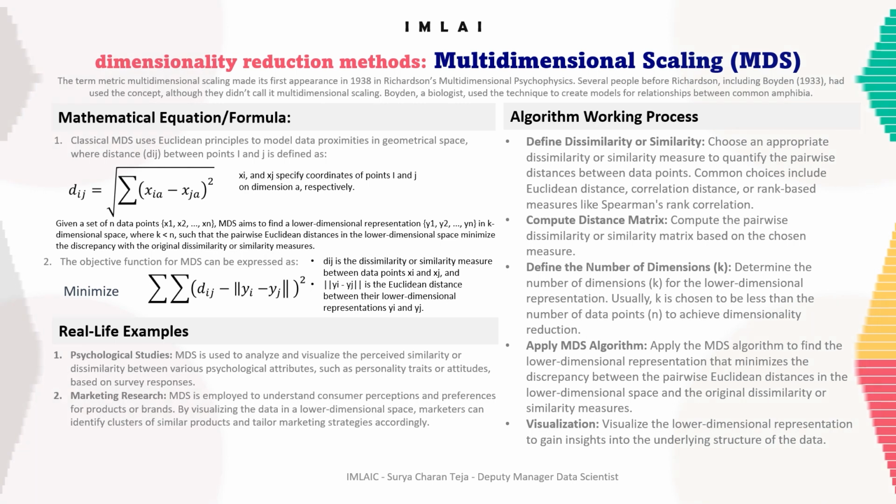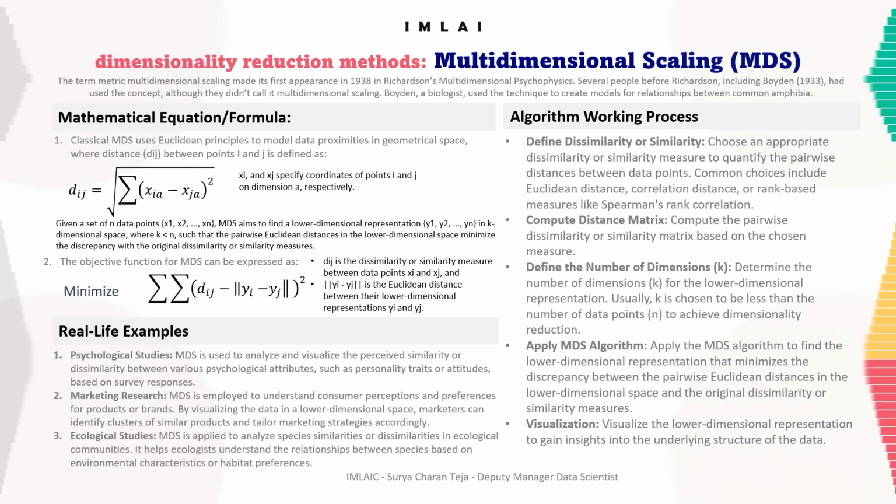Then the third one, ecological studies. MDS is applied to analyze the species similarities or dissimilarities in ecological communities. It helps ecologists understand the relationships between species based on environmental characteristics or habitat preferences.